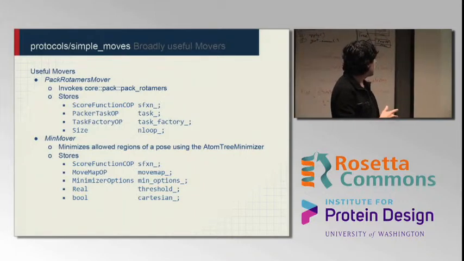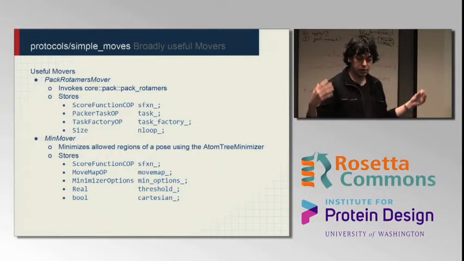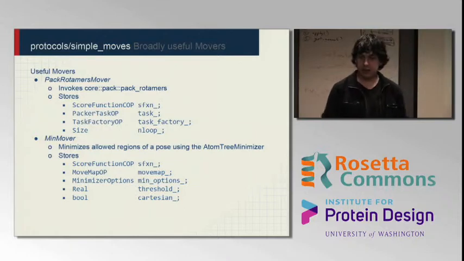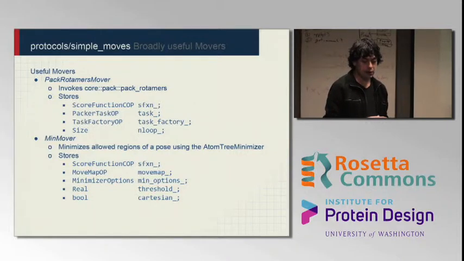And maybe many of you have used this before using Rosetta XML. Now, because of the powers that you're acquiring, when I say this, you can go and directly use this function. And as important as this one is the min mover, which will allow you to take a pose and minimize it in different ways.